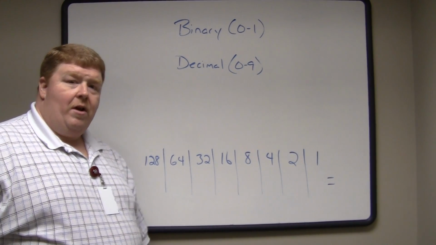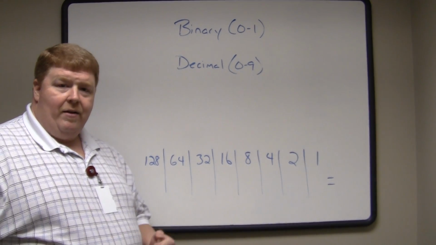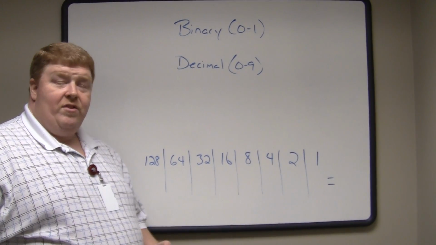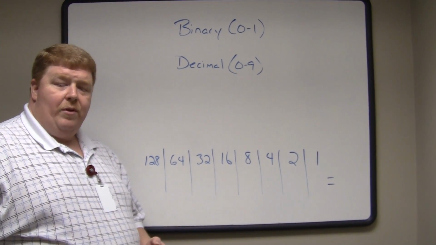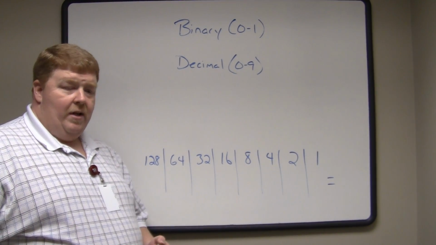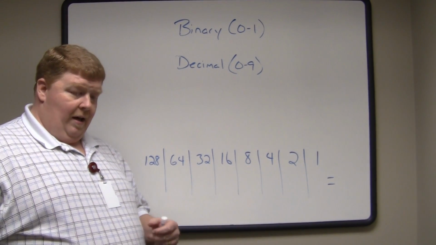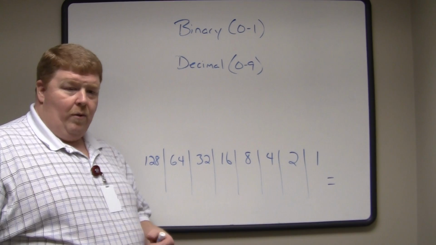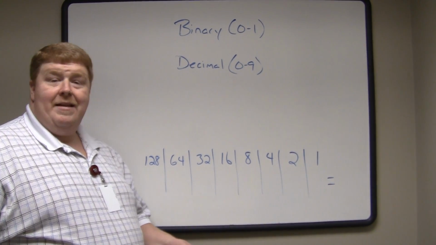The first topic I want to cover is binary numbers and the importance of binary numbers in the world of computers. You may not know it, but binary is ultimately the only thing your computer understands. And when I say computer, I mean everything from your desktop computer to your laptop, tablet, cell phone, PlayStation, Xbox.